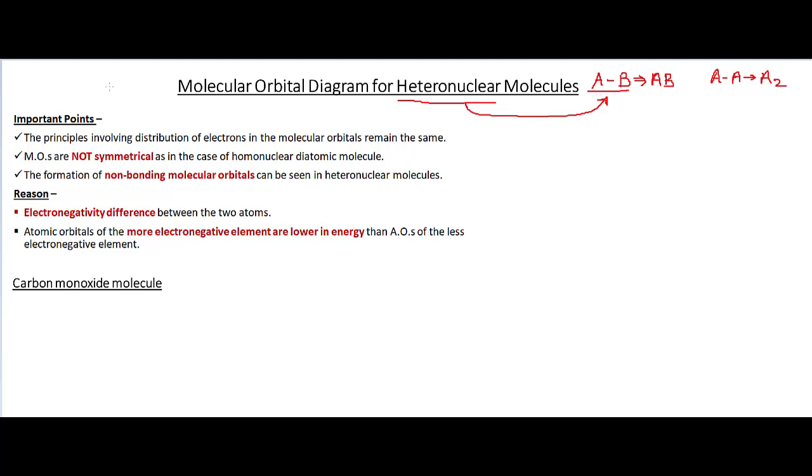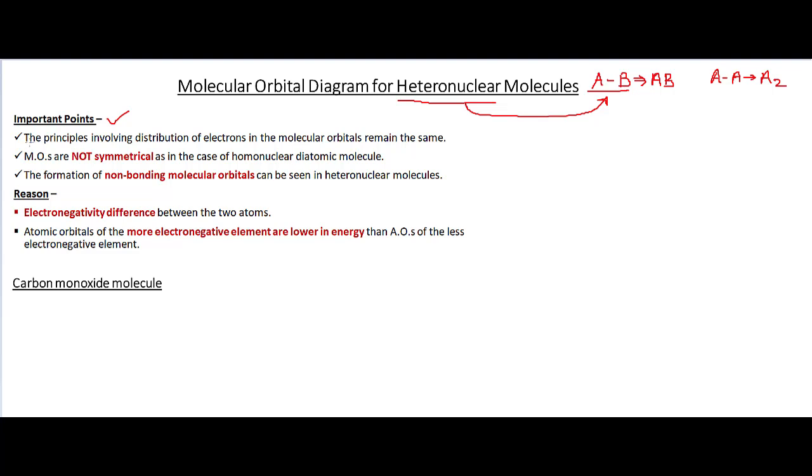Now for heteronuclear molecules, the basic things that we had learned about the molecular orbital electronic configurations will remain the same. Only a few differences will be there. So first of all, let's discuss what the differences are when we encounter heteronuclear molecules. I have written a few important points. Let's go through them one by one.